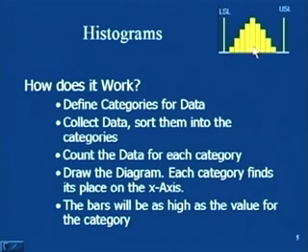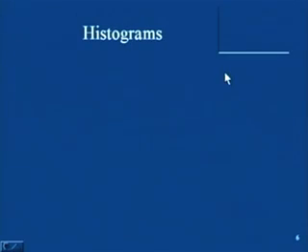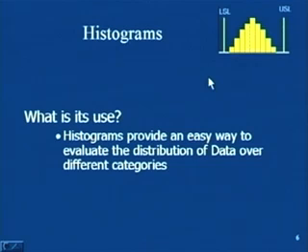It is very clear that the maximum number of observations fall in this category. What is its use? A histogram provides an easy way to evaluate the distribution of data over different categories.